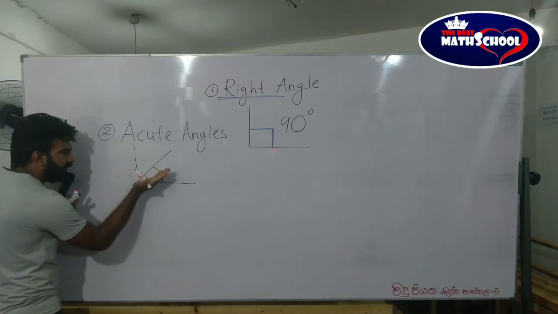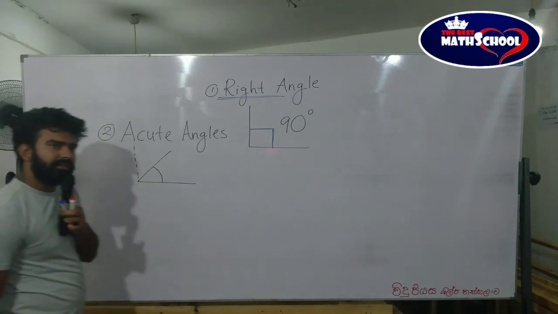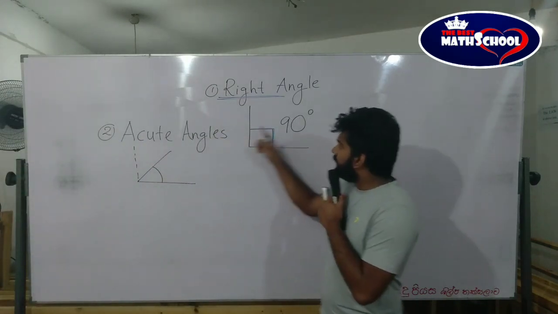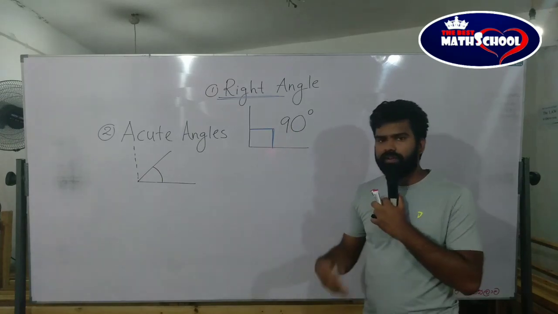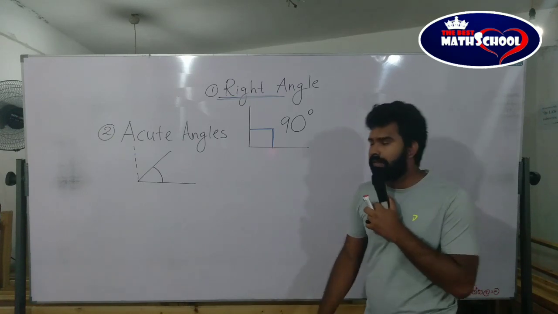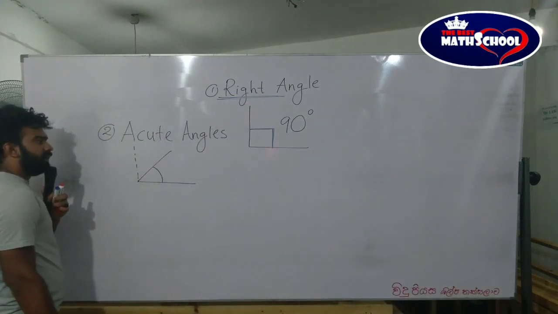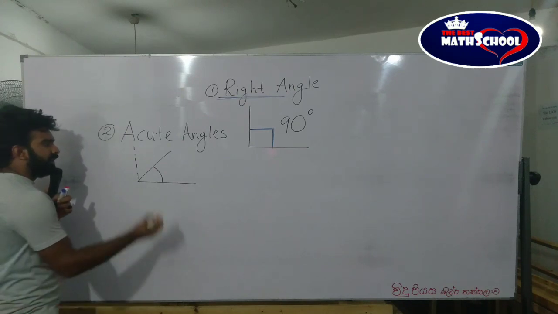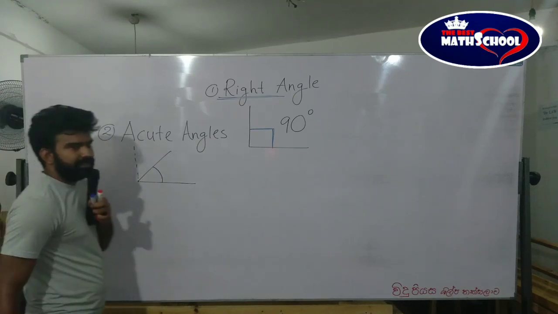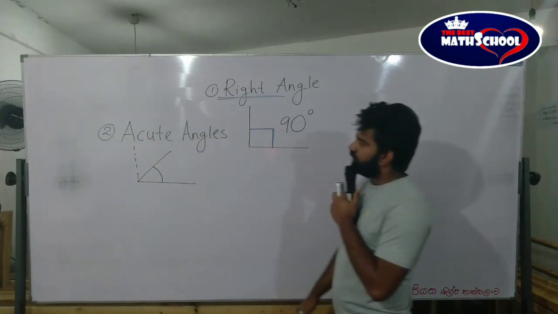That means the magnitude should be less than the right angle, that is, angles with a magnitude less than 90 degrees. If it is 60, 70, 89, 20, likewise, these angles we call acute angles. Got it? The only thing is this should be less than 90 degrees.